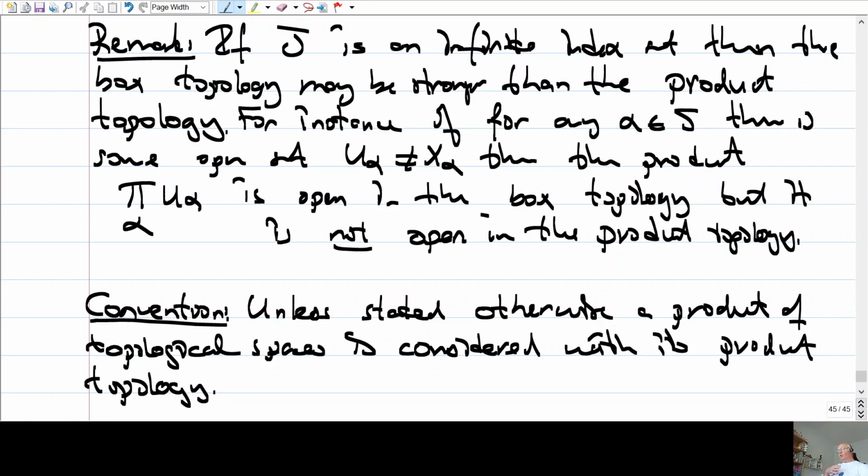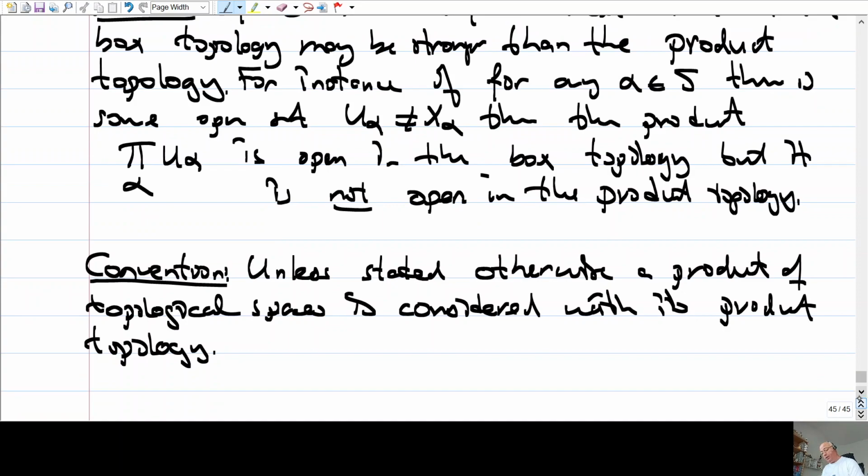If I want to consider the box topology, then I say so. I say that on this product of spaces, consider the box topology, or maybe some other topology. If I don't specify any topology, I consider the product topology.